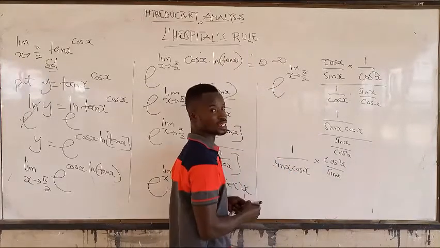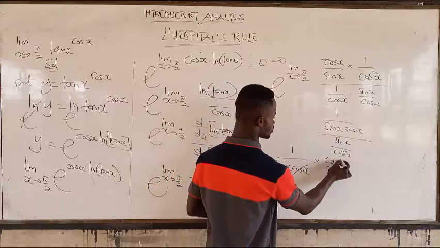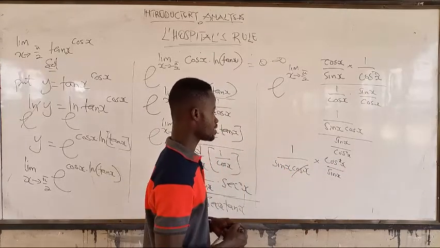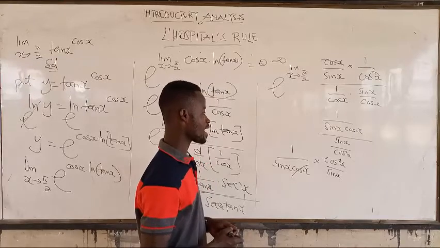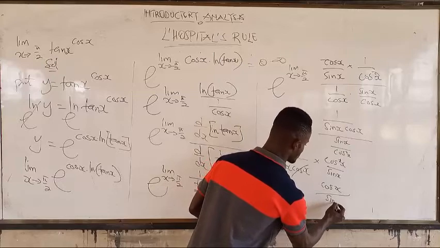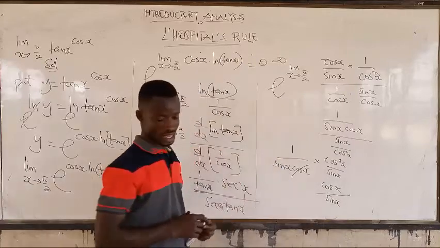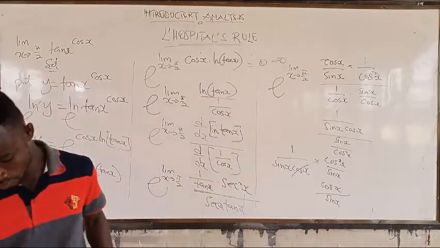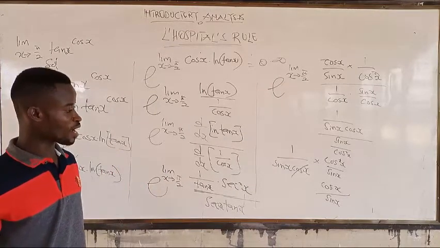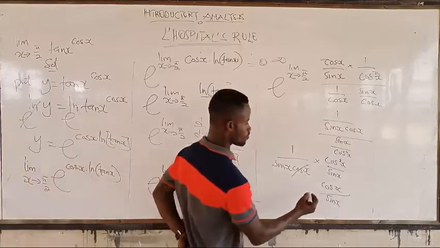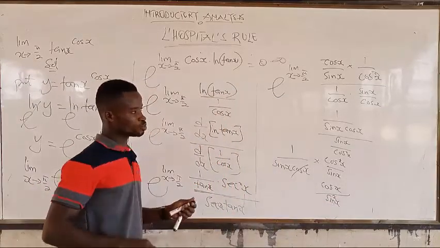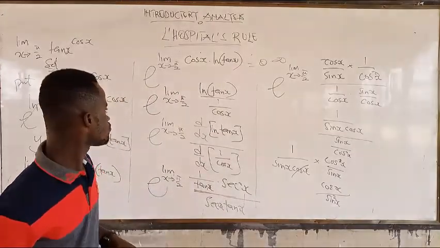You can see clearly that this will cancel one of these. Then we are going to get cos x over sin x, so that is going to be the simplified form over sin square x.